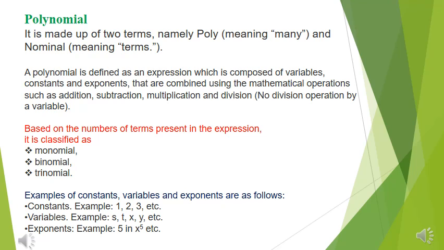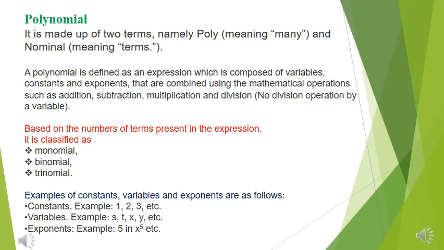Based on the number of terms, we classify it into three or more categories like monomial, binomial, trinomial, or we can say polynomial. The expression which consists of only one term is called a monomial.